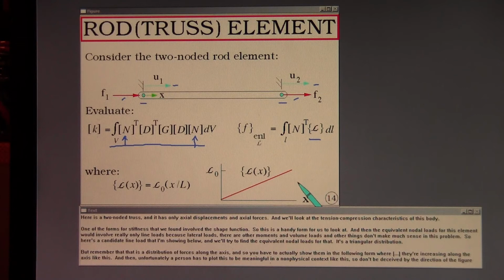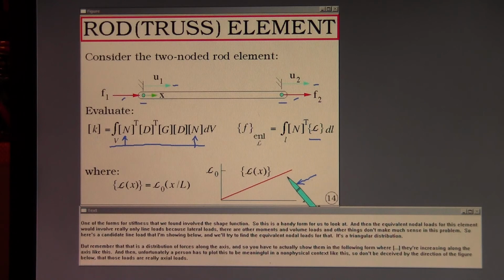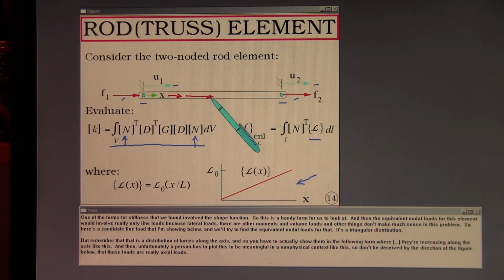So here's a candidate line load that I'm showing below, and we'll try to find the equivalent nodal loads for that. It's a triangular distribution. But remember that that is a distribution of forces along the axis, and so you have to actually show them in the following form, where they are increasing along the axis like this.